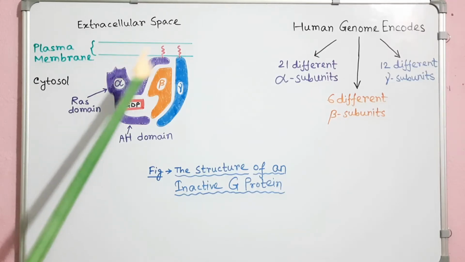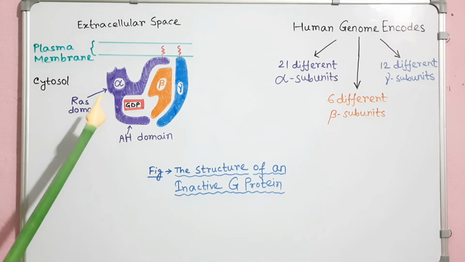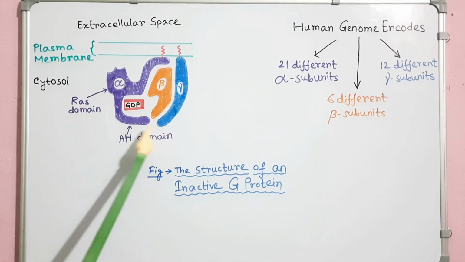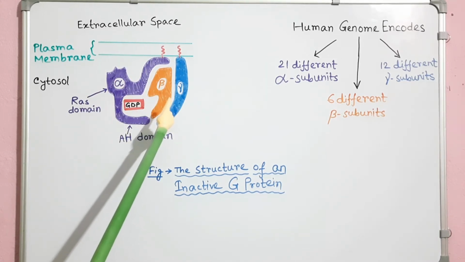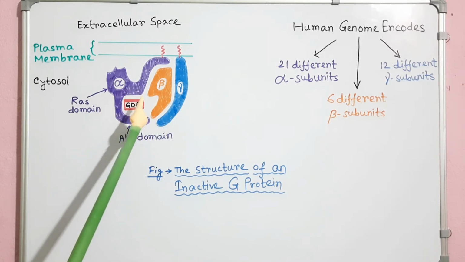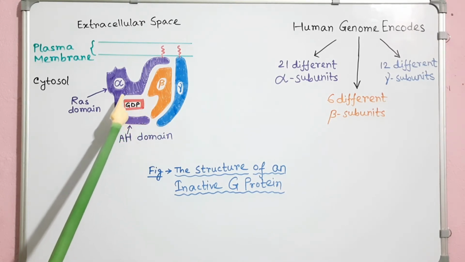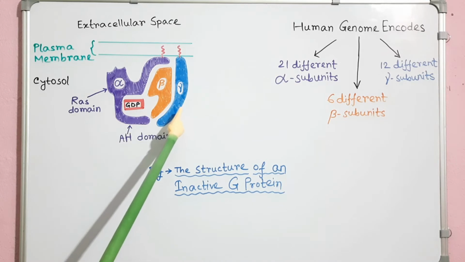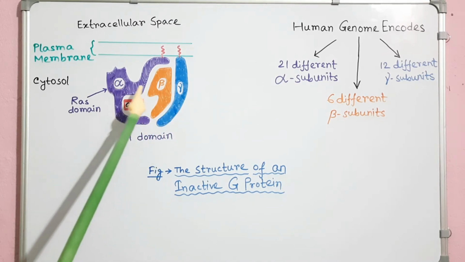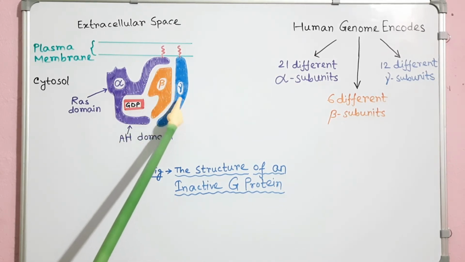Here I have drawn the structural diagram of an inactive G protein. G proteins are trimeric and contain three subunits designated as alpha, beta, and gamma.